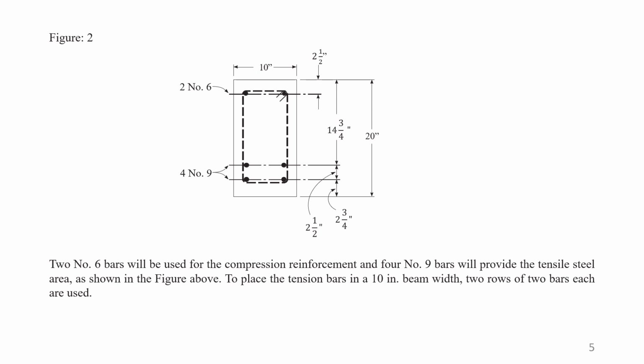A smaller bar will not be sufficient. Though the area of the number 6 bars is a little more than the area calculated, we don't have any other alternative but to use number 6 bars at the top, though there will be some excess steel area.